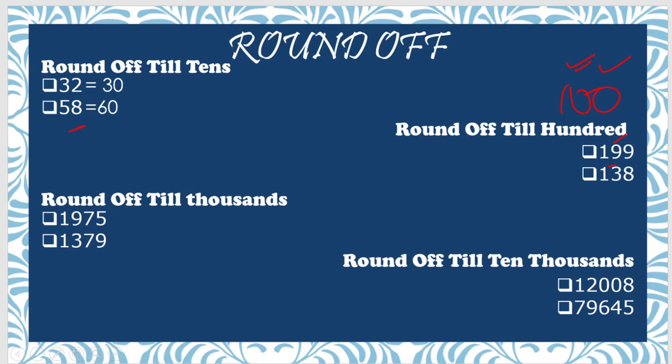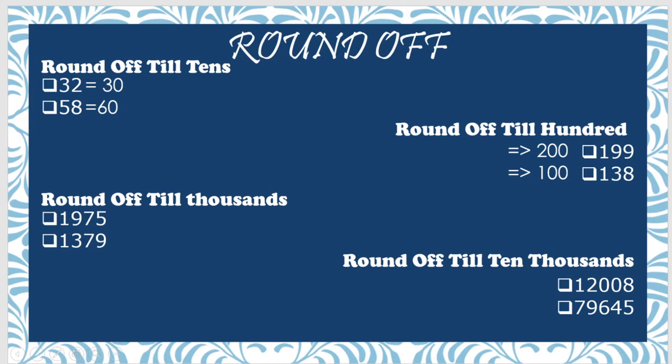Then you have to add 1 on the hundreds place, and it will become 200. The next number, again at the hundreds place, there is double zero. You have to concentrate on this place, and it will become 100.